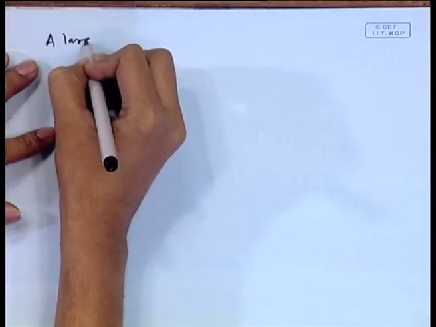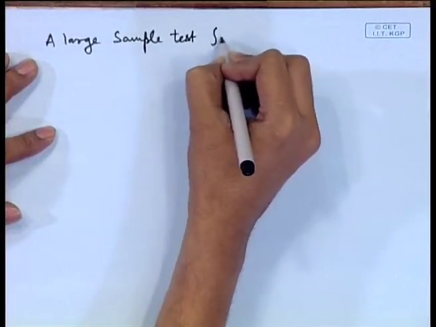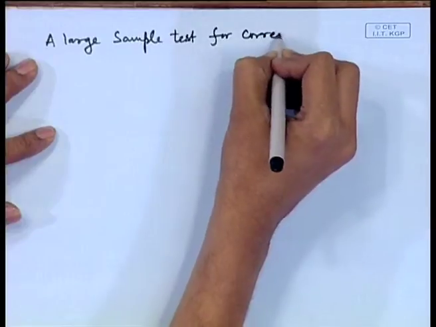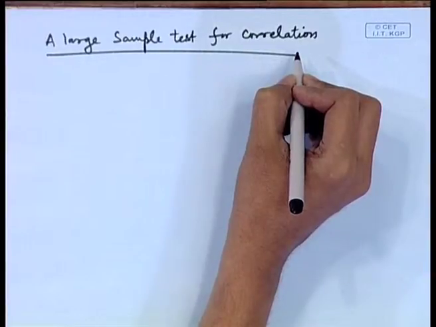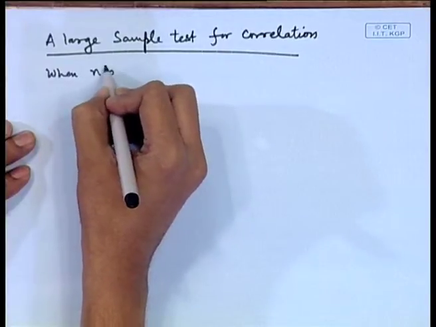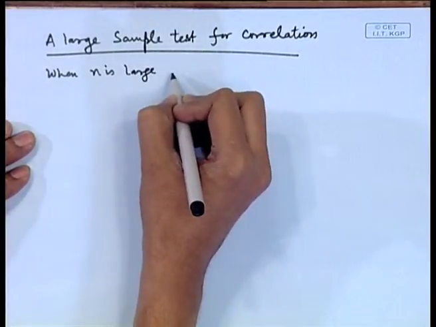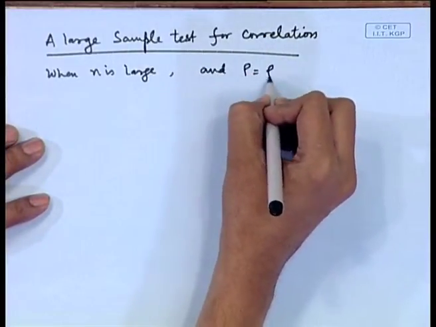Now, this test is again based on the normality assumption. Sometimes the normality assumption may not be valid. In that case, there is a large sample test for correlation coefficient. When n is large and say rho is equal to rho naught.